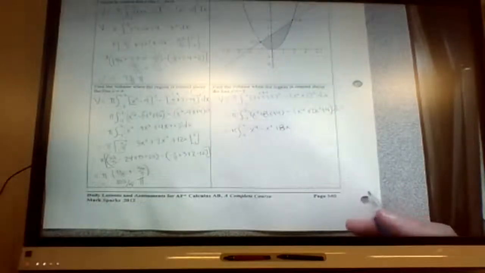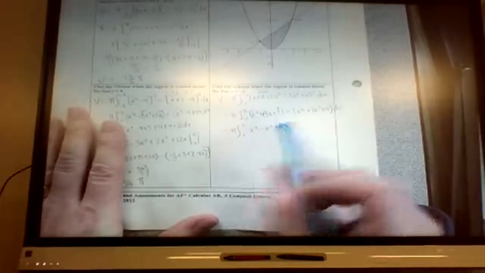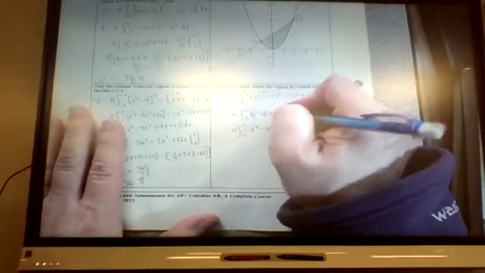Yeah, there we go. And that should be 16, not 4. So that's going to end up being 12.